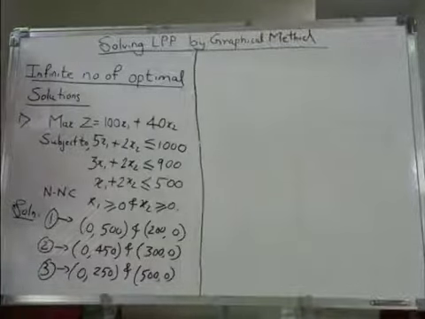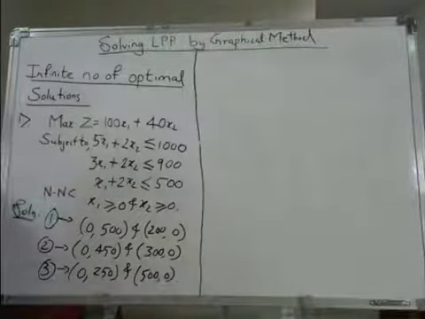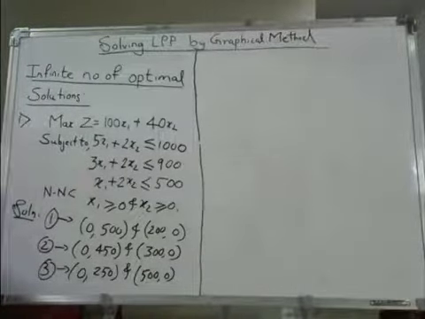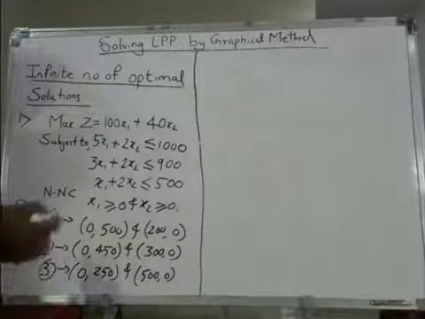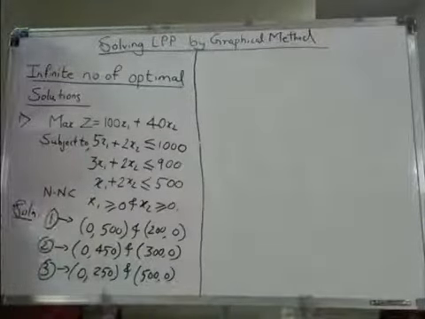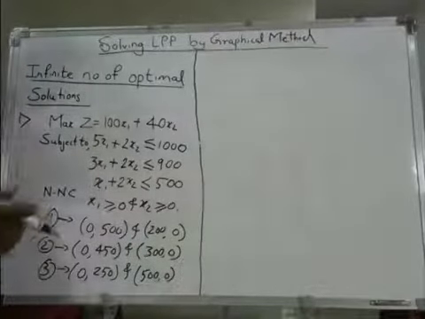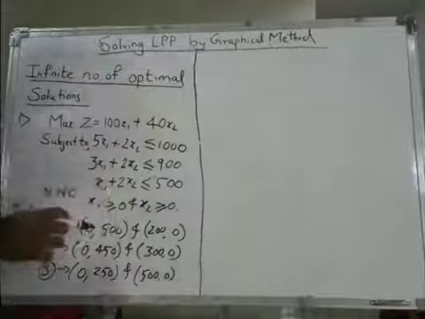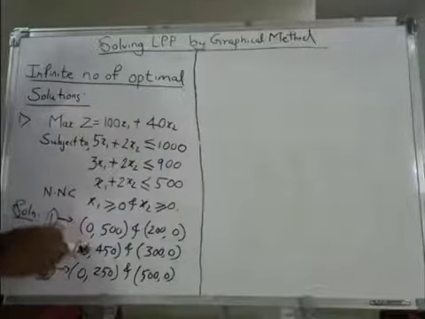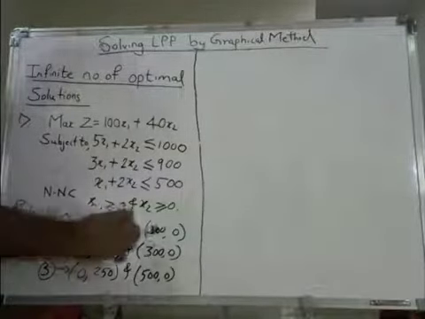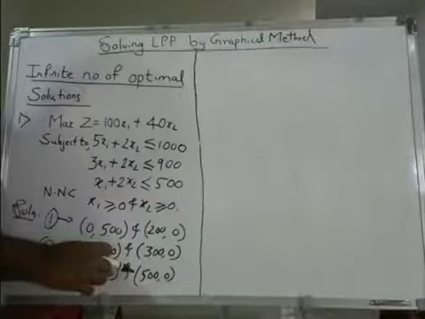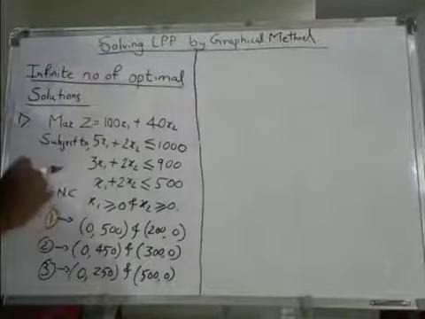Now let us try to put a graph for these coordinates and see what kind of graph we get. The highest coordinate we have for x2 is 500, and for x1, the highest coordinate is 500 again.